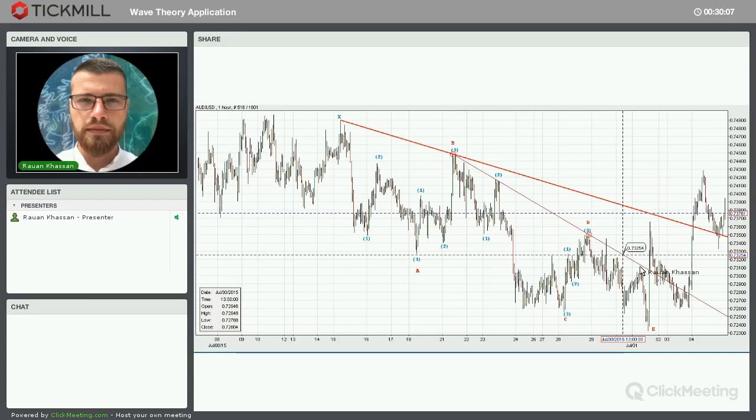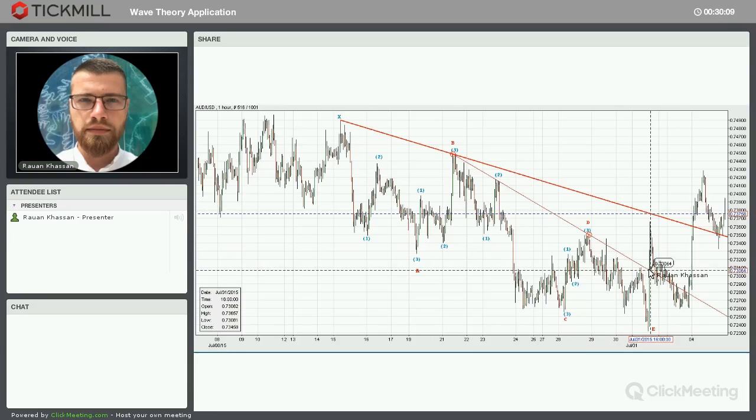As you may see, the price tested this resistance line for the first time last Friday, July 31st, and the test price level was 0.7307, and that was the first attempt to break out from it.